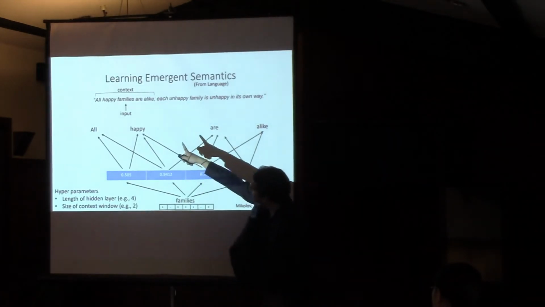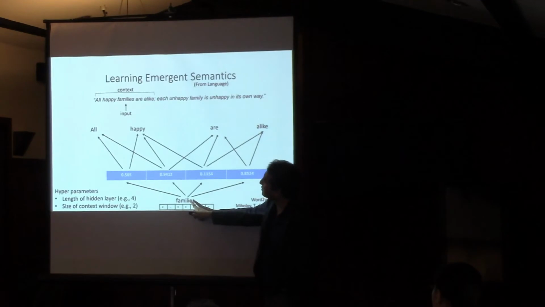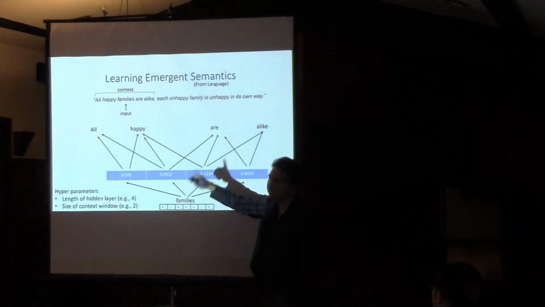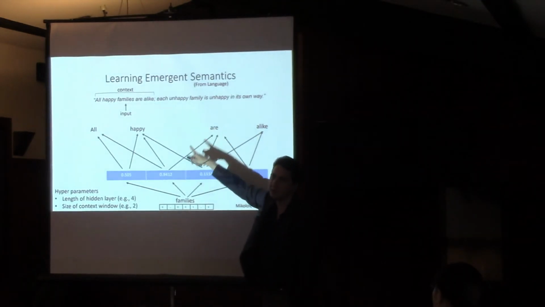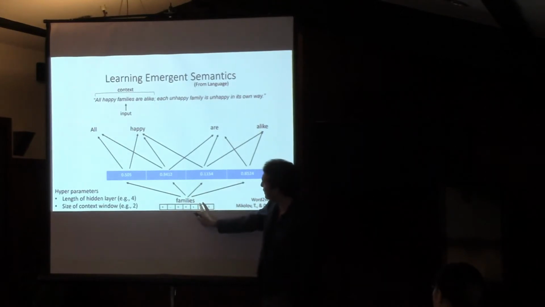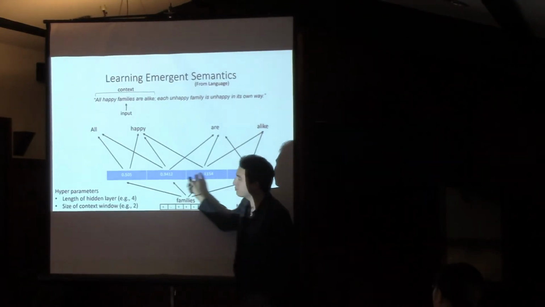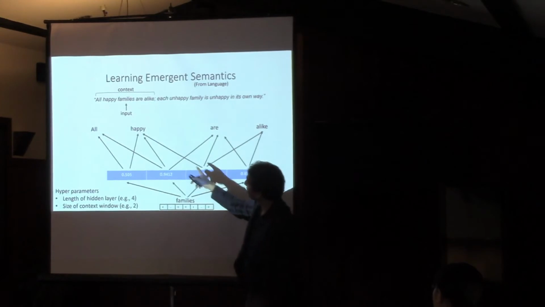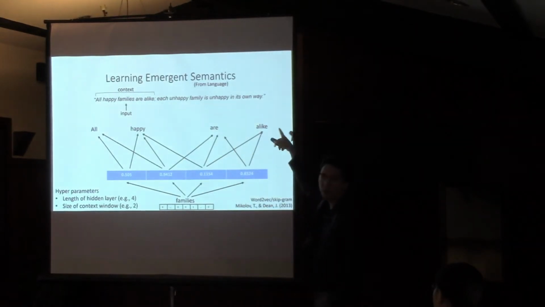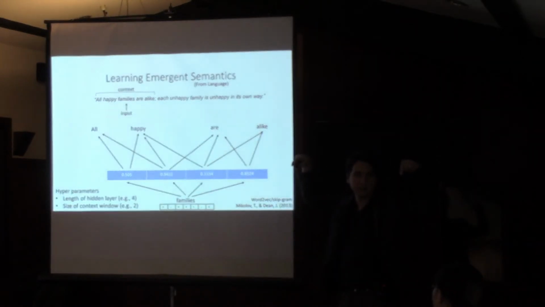So families, let's say, is the input word. Now this model is trying to predict the words before and after families in this context. So it's trying to predict, based on families and the vector representation that it starts with, all happy and are alike, because that's the context window.